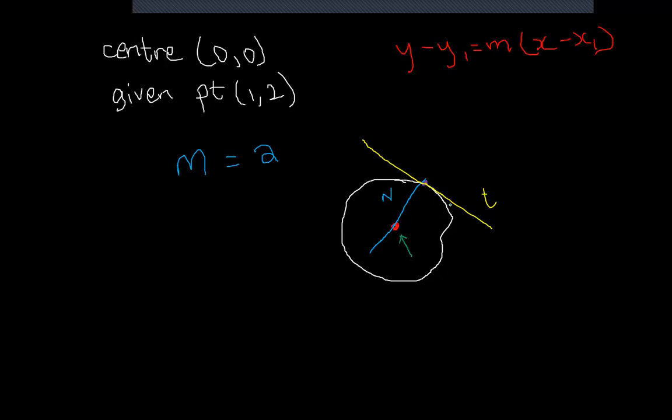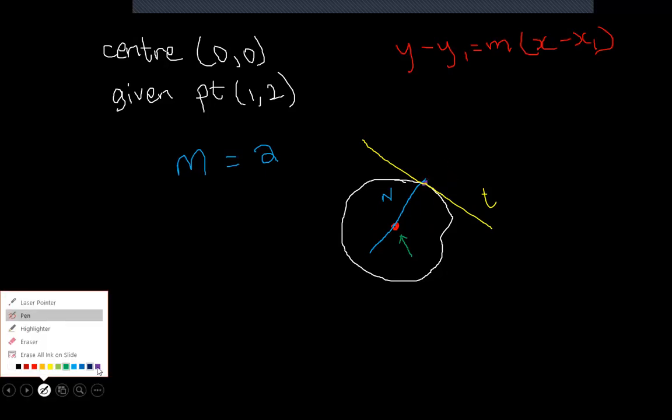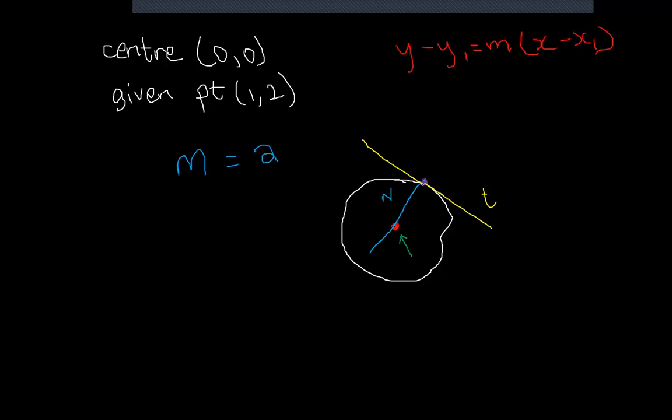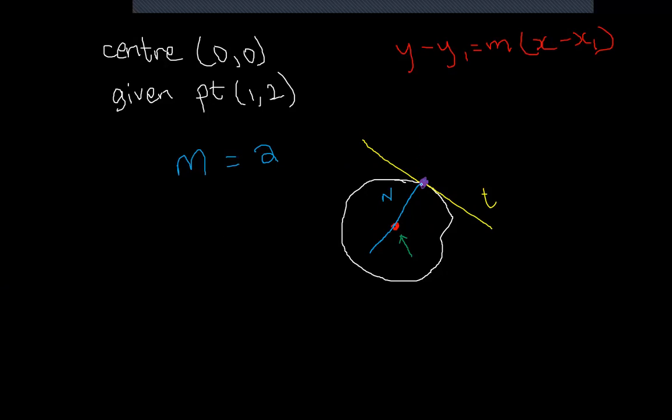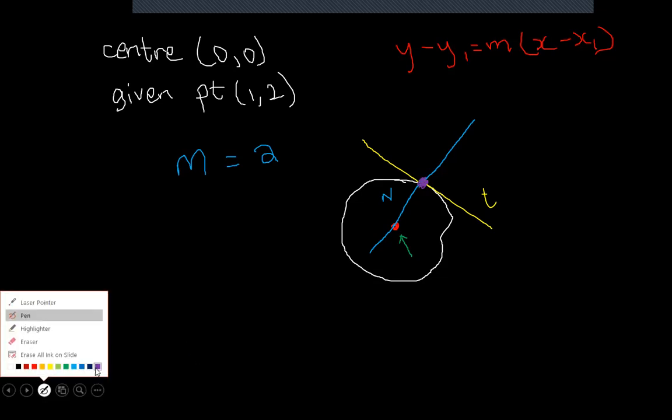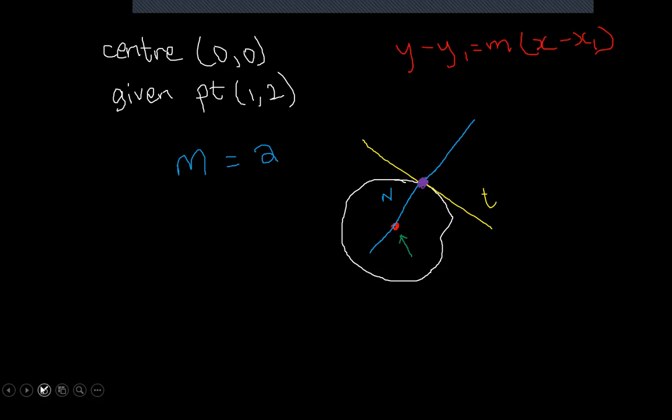But unlike the tangent that only passes through this one point, this purple point right here, the normal passes through the center and it passes through that point. If I extended this line here, you could tell that it passes through the purple point.